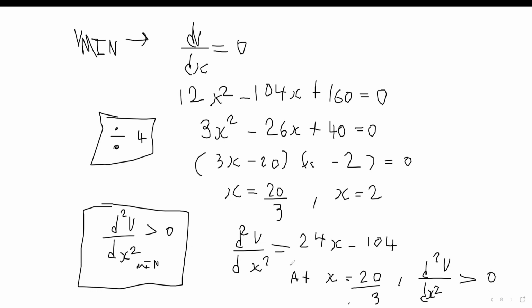All right. So the volume is minimum when x equal 20 over 3. That's when the volume is minimum. So we can tell them that the volume is minimum when x equal 20 over 3. So now we can actually find the minimum volume, because that's what we were initially asked to find.